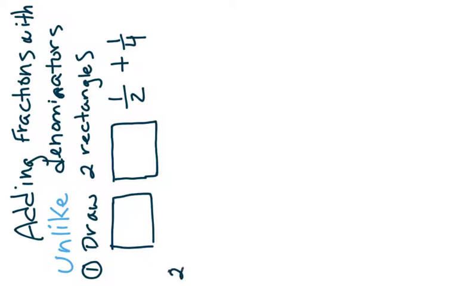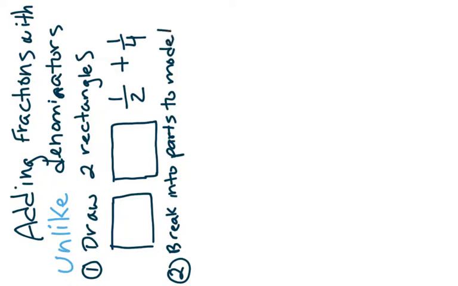Instruction 2, we're going to break into parts to model. So I'm going to draw those rectangles again. And yes, I want you to draw each step. It's nice to have it set up all nicely in your notebook to look at.